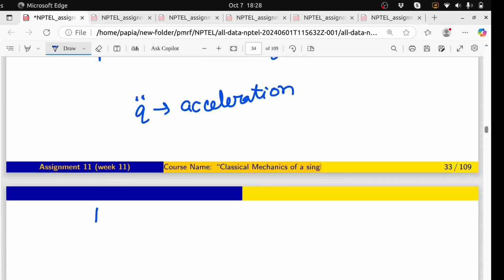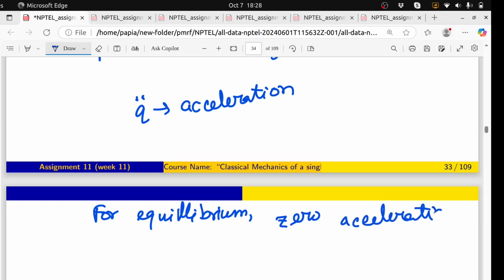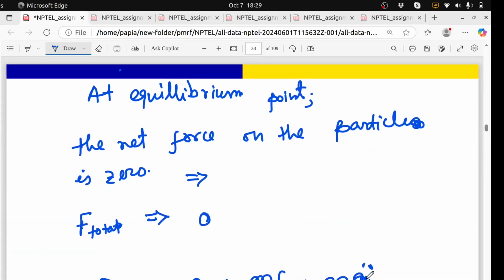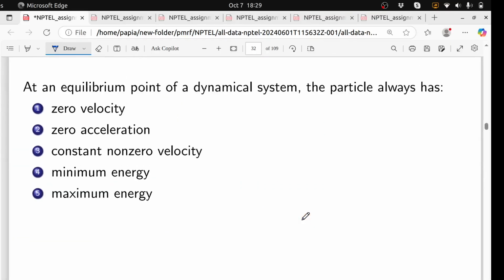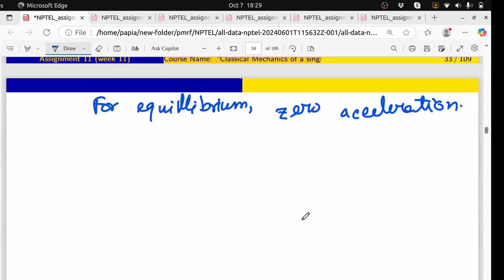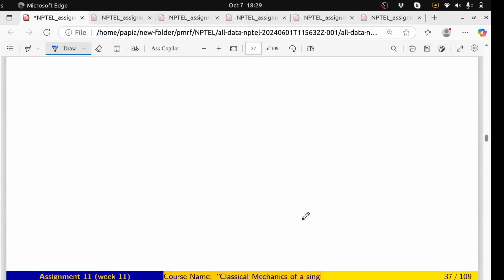So for equilibrium, we will have 0 acceleration, because the net force acting on the particle is 0, right? So at an equilibrium of a dynamical system, the particle always has 0 acceleration. Okay, fine. Now maybe we can come to the next question.